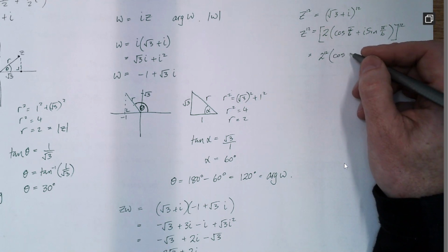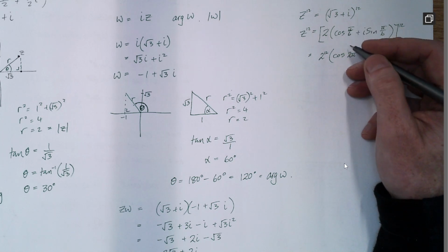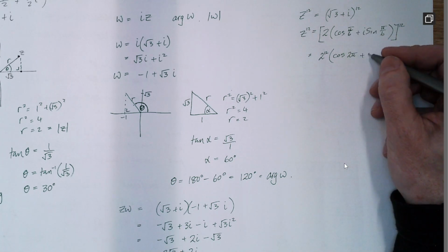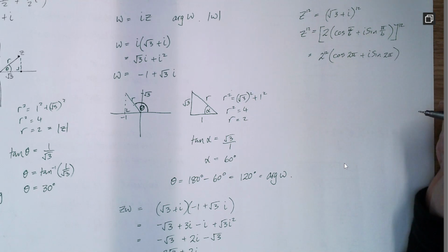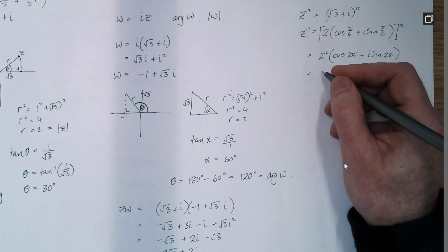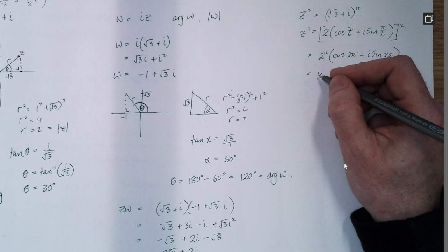So cos 12 times pi over 6 is 2 pi, so cos 2 pi plus i sine 2 pi. Now 2 to the power of 12 is 4096.